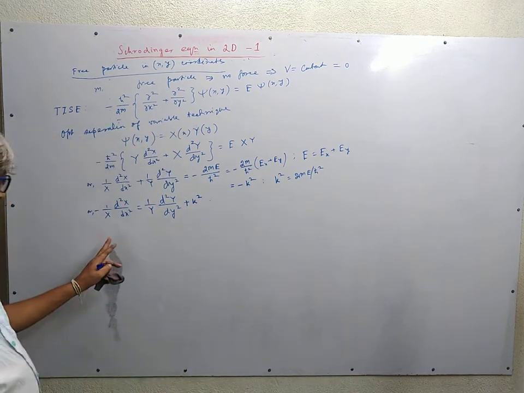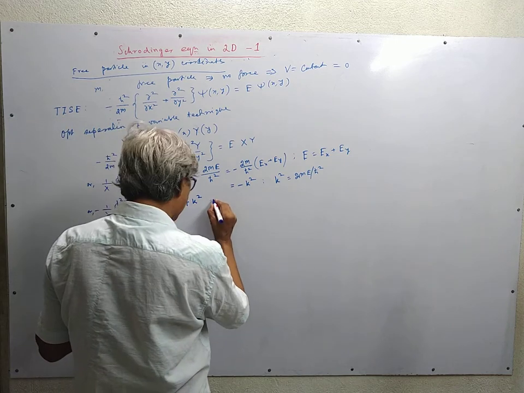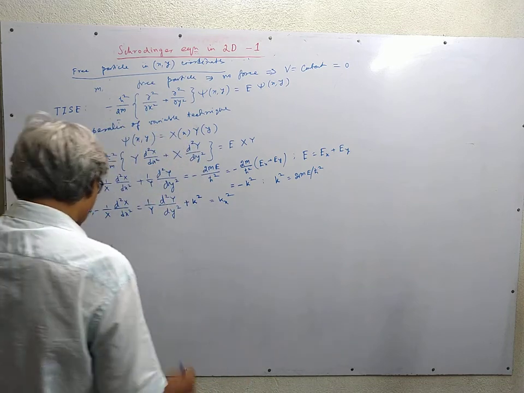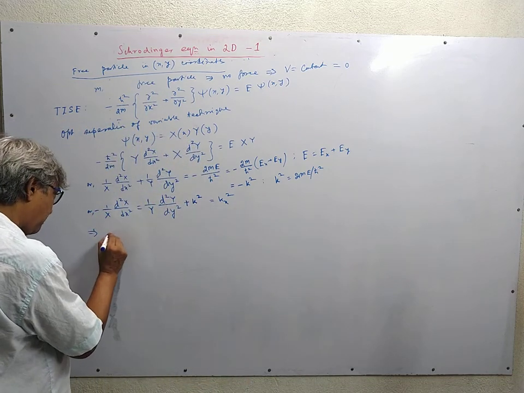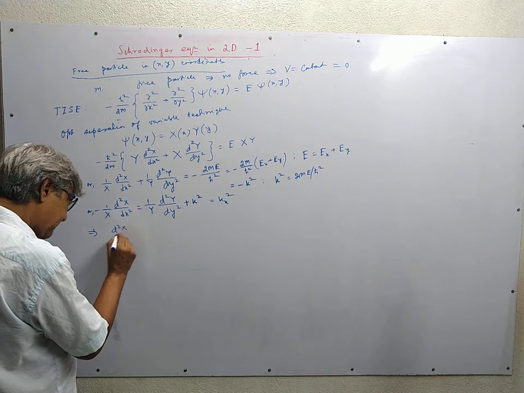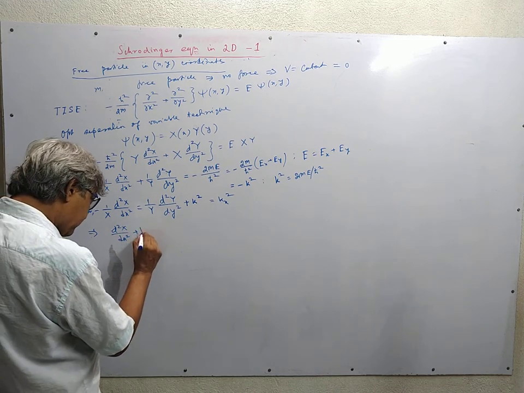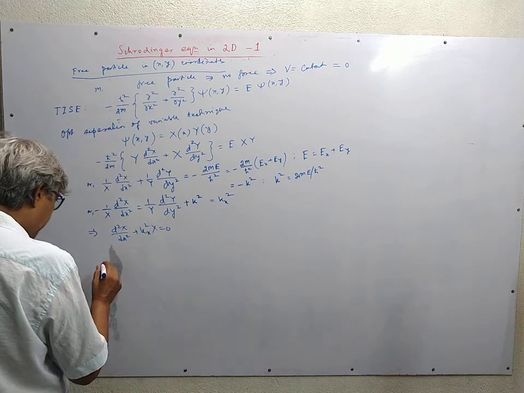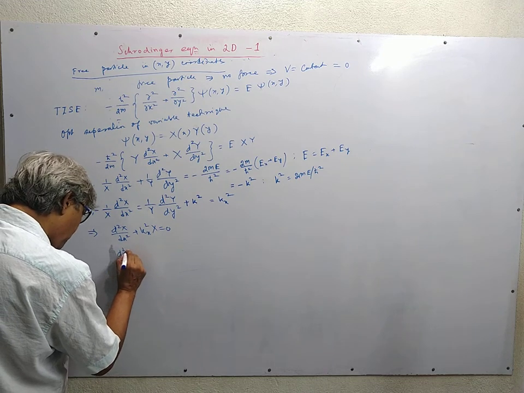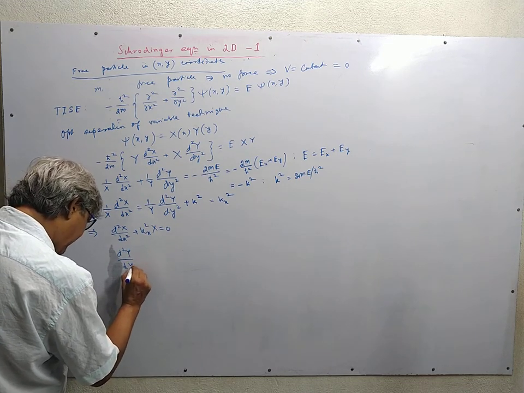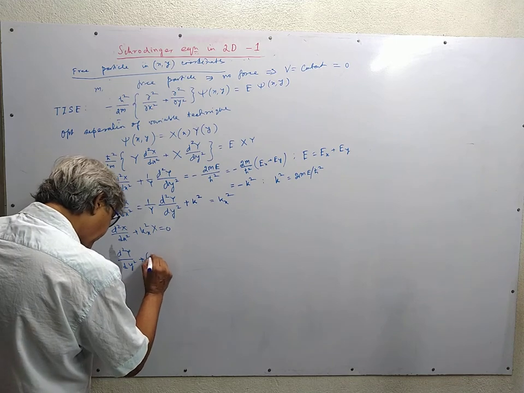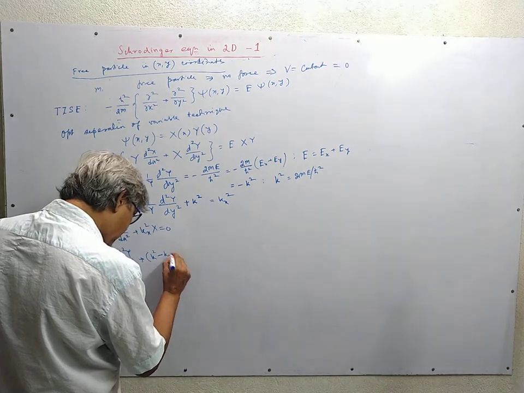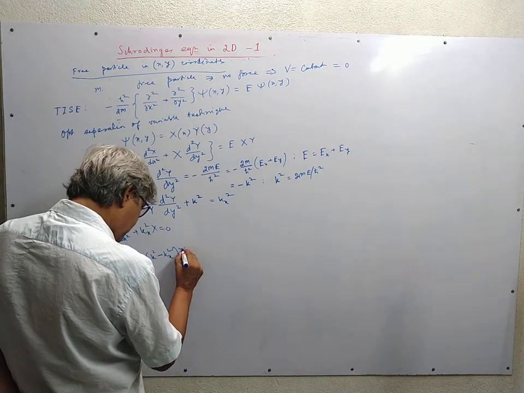Now left hand side is a function of x only, and right hand side, we write this right hand side as kx square. So that the x motion comes out to be d2X dx2 plus kx square capital X is equal to 0, and the y motion comes out to be d2Y dy2 plus k square minus kx square Y is equal to 0.